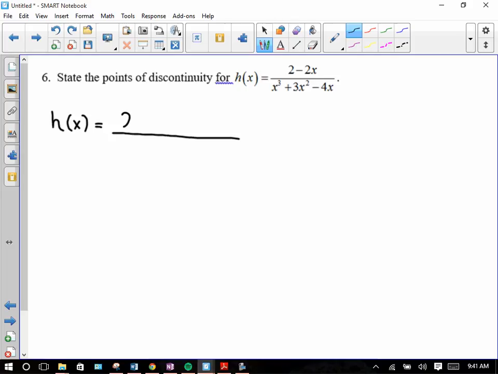So if I factor 2 out, I'm going to have 1 minus x. Is there anything I can factor out of all three terms in the denominator? x. If I do that, I'm going to have x squared plus 3x minus 4.